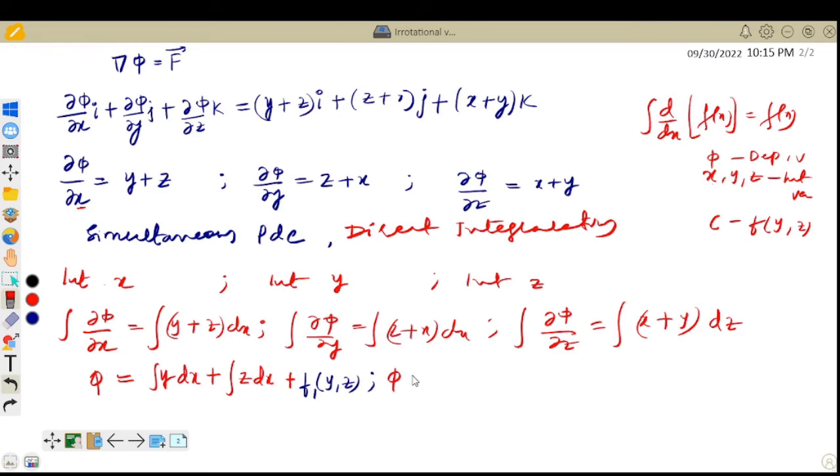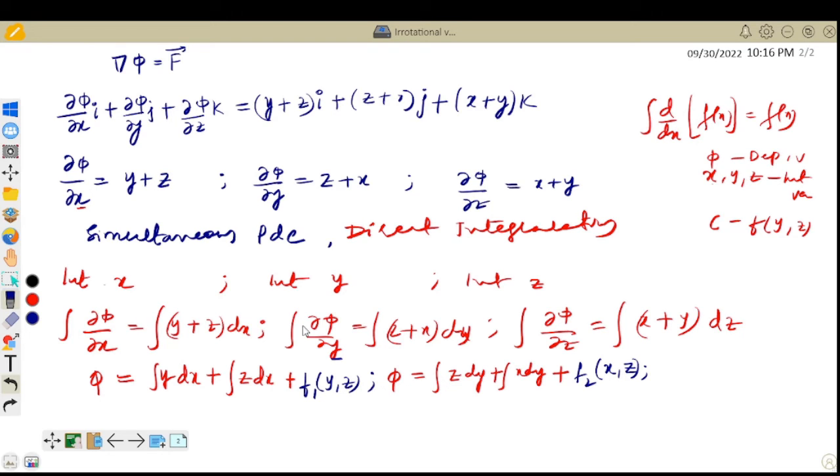Next, here you will get again φ is equal to, I am writing separately, integration of z dy plus integration of x dy. So what is the arbitrary function here? I am writing f2, since here we are integrating with respect to y, so we need to add the arbitrary function of x and z.